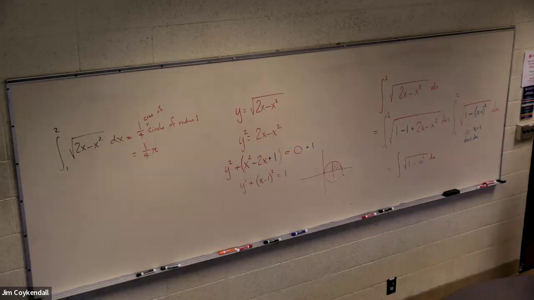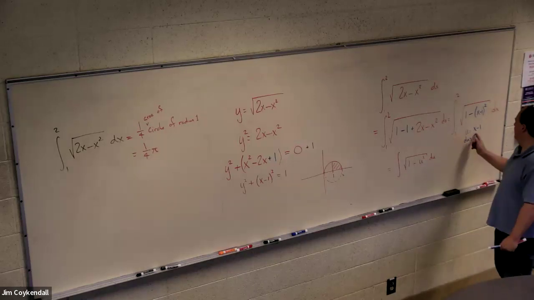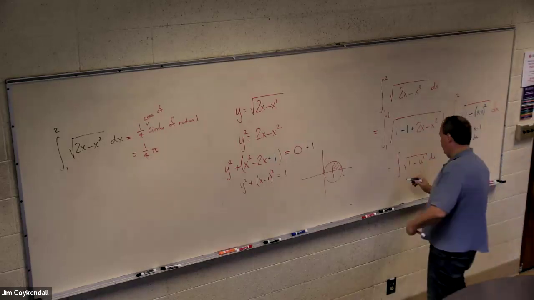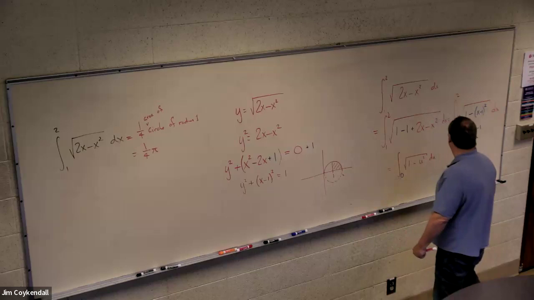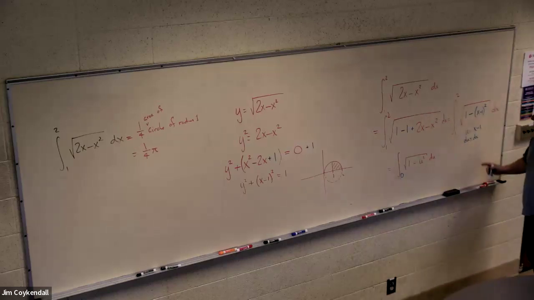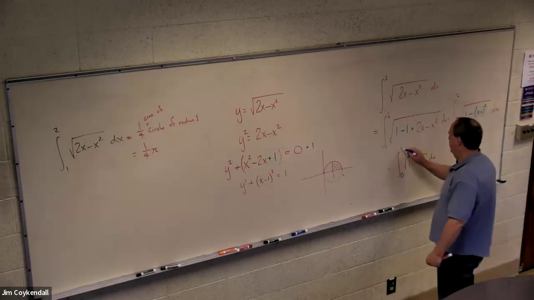What's my new bottom limit? That's right. In the old days, x is 1, in the new days, u is 0. New top limit. In the old days, x is 2, in the new days, u is 1.